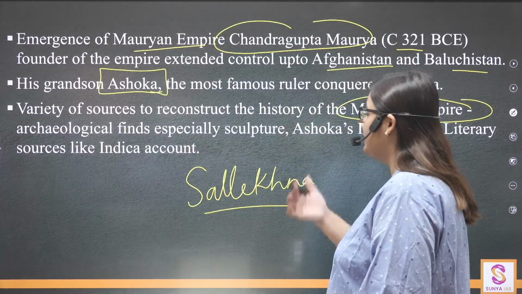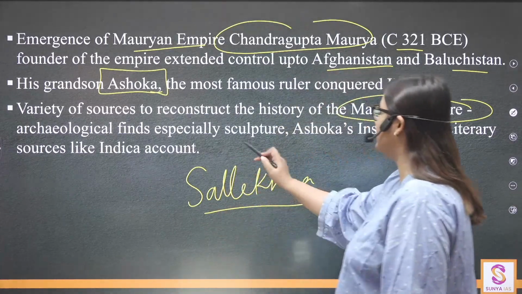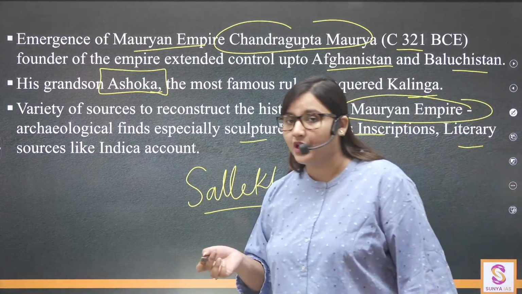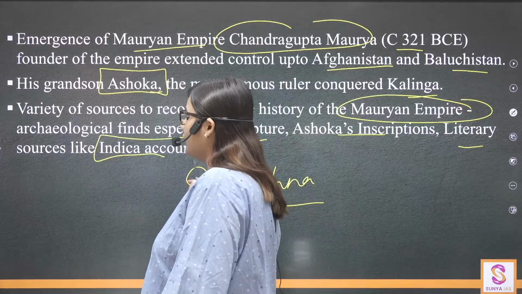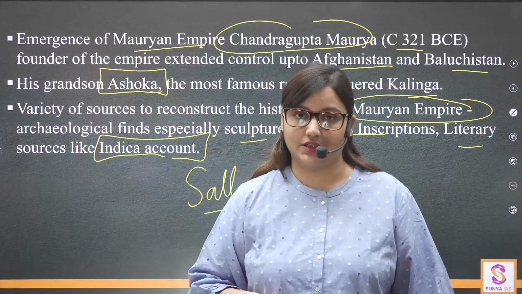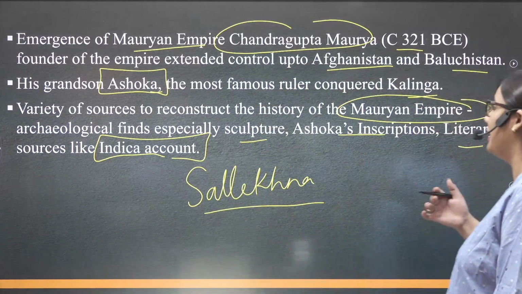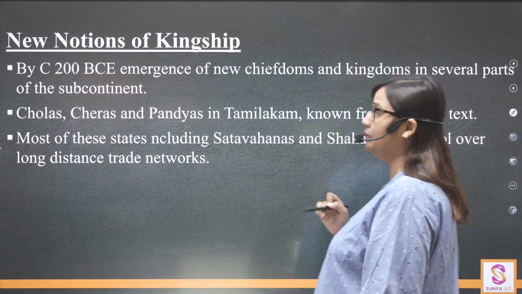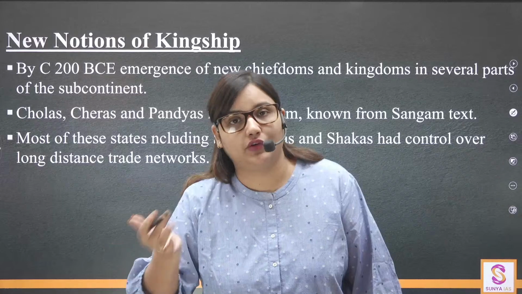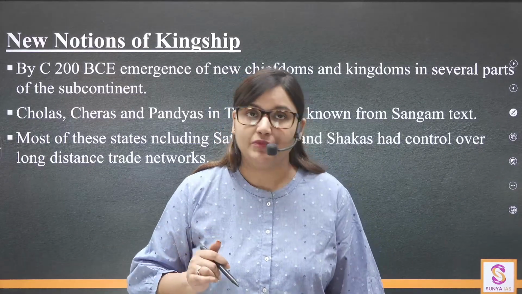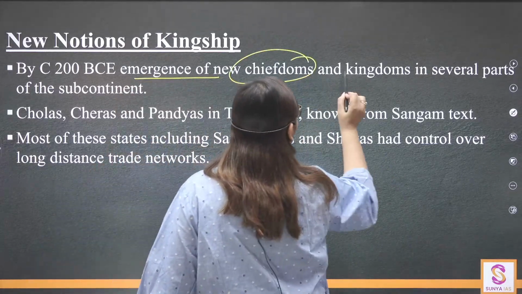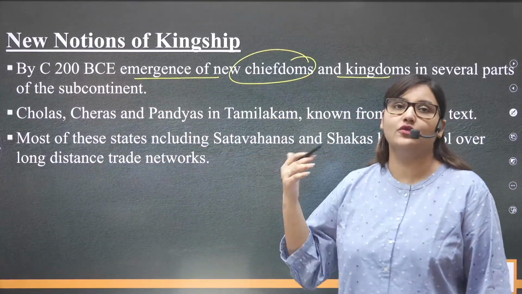So that's why these archaeological findings, especially the sculpture, Ashoka's inscriptions, literary sources like Indica, the Indica account, and then we have the account of Kautilya's Arthashastra also. All these things are a great way of learning the Mauryan history. Fine. Then you will see a new notion of kingship which will emerge in India. So by 200 BC you will see the emergence of new chiefdoms and kingdoms in several parts of the subcontinent.